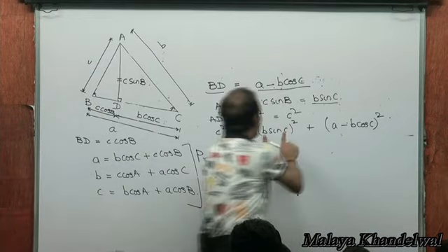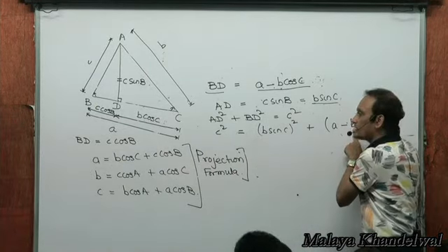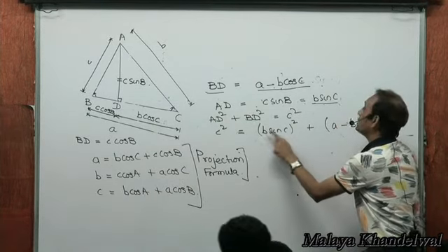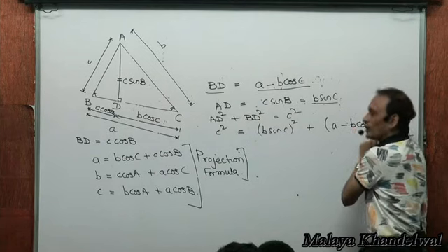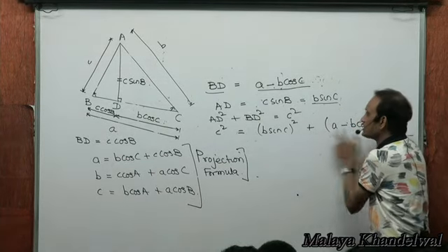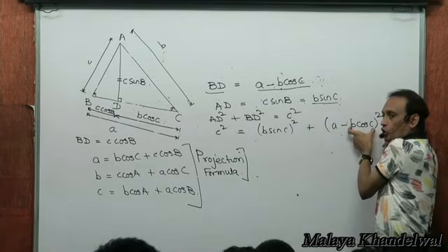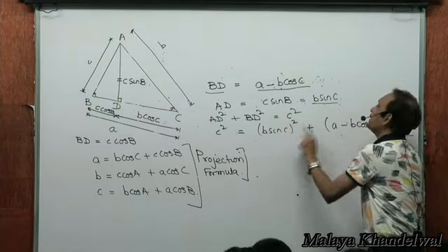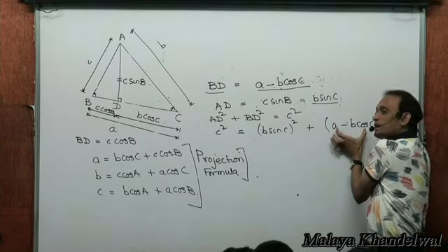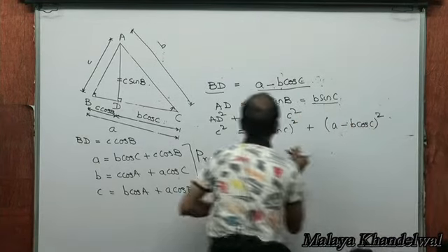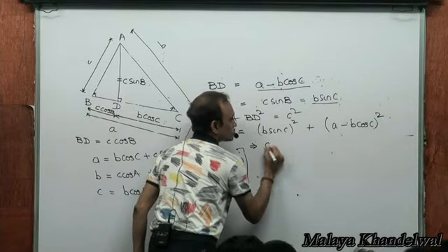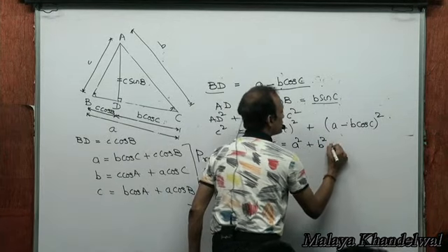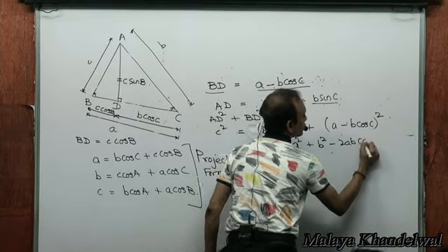Now, b squared sin squared C plus b squared cos squared C is simply b squared. Therefore I have a squared plus b squared minus 2ab cos C. So c squared is a squared plus b squared minus 2ab cos C.